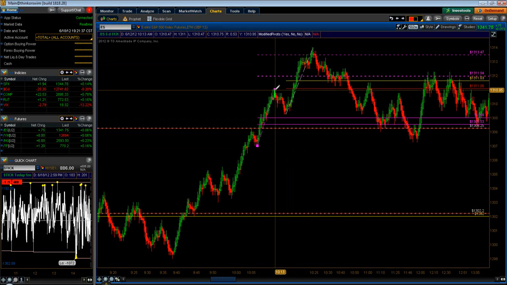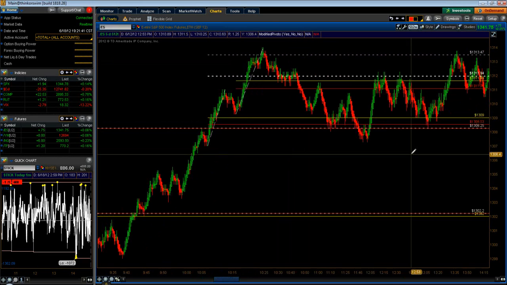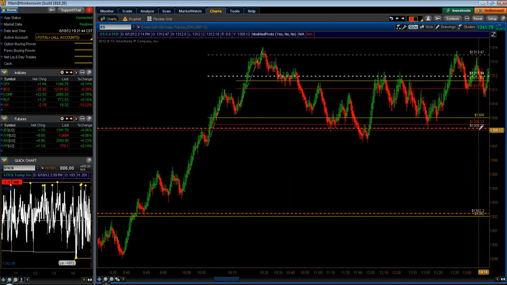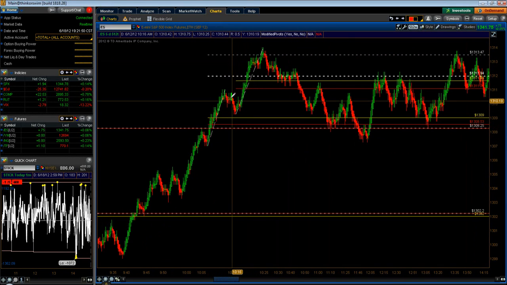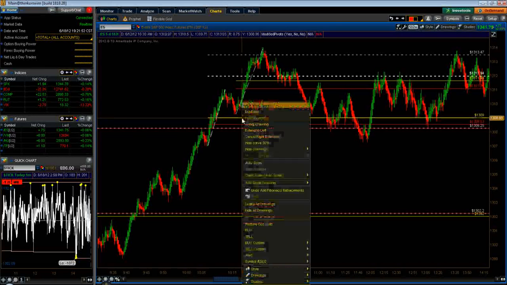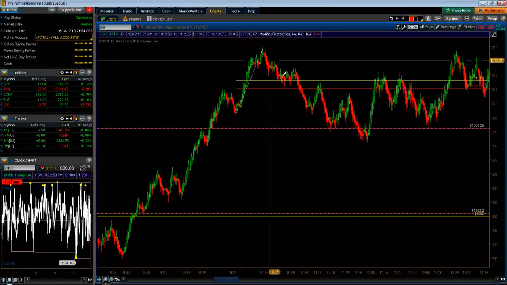Then placing your stop up here at 0750s or 08s if you'd like. You're already in the money a couple of points, so giving it a little bit of room is nice, but I don't like to give it too much room.